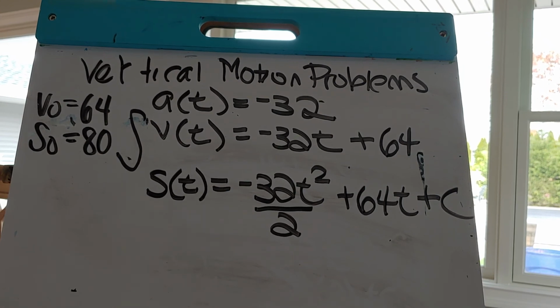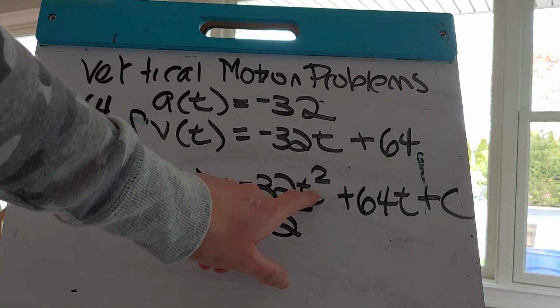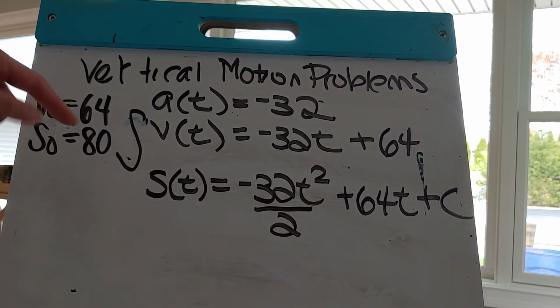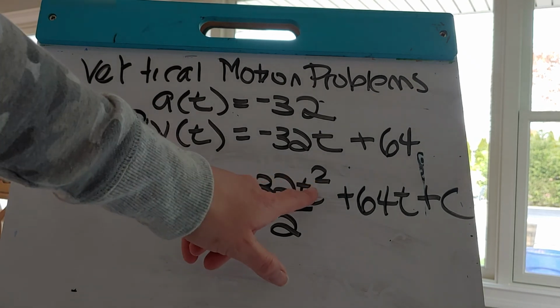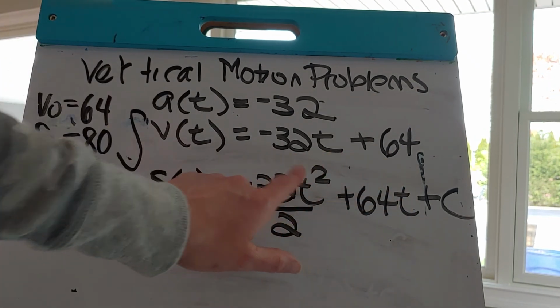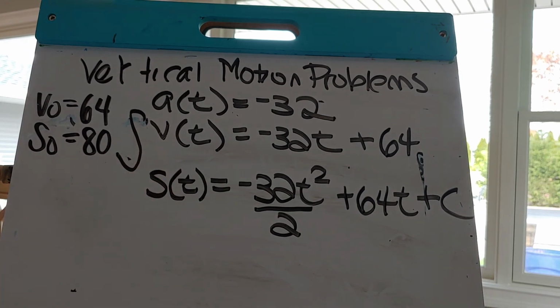All right, so now I can find my C value because I know that my initial position is 80. To find my C value here, I'm going to plug in 0 for time, because no time has passed and it will be 80 feet above the ground. So when the time is 0, the height is 80.